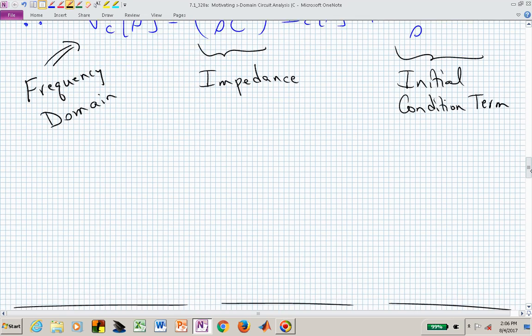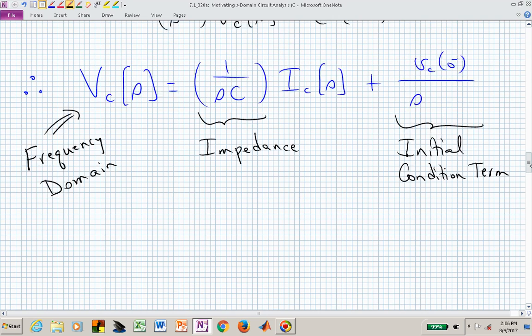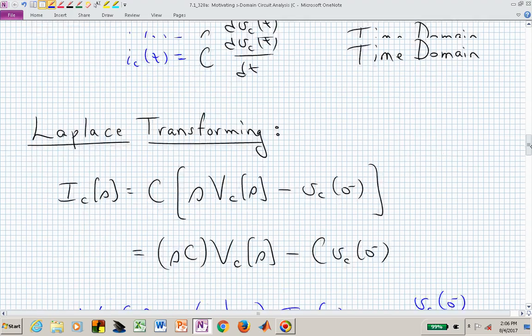If that's true, then what we can do is try to write in the S domain, or in the frequency domain, or sketch a circuit, a schematic that encapsulates this particular expression. So we have a capacitor with an impedance of 1 over SC. We have a current, and now we need to make sure that the current and voltage that we indicate on this schematic is consistent with our time domain expression.